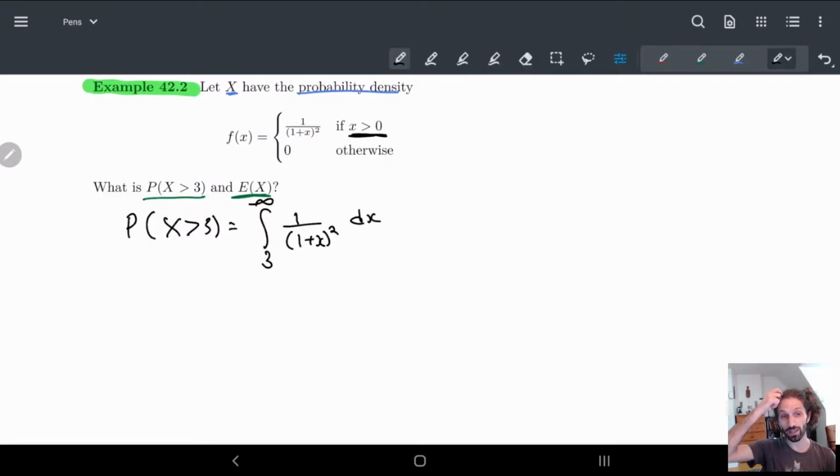This one might seem a little complicated if you haven't done it before or don't know how to solve it. But hopefully you have seen this. Basically, this should be equal to minus 1 over 1 plus x, from 3 to infinity.